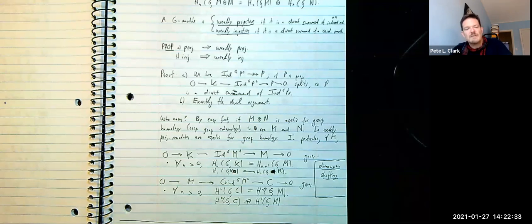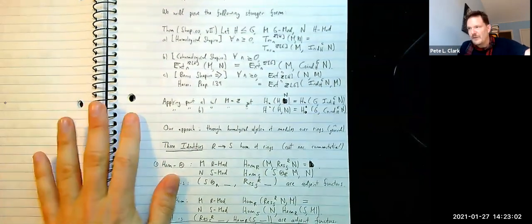It was much more obvious that every G module could be injected into a co-induced module. We just proved that in like 3 lines. So you can use, for your resolutions, weakly projective modules instead of projective modules, and weakly injective modules instead of injective modules.